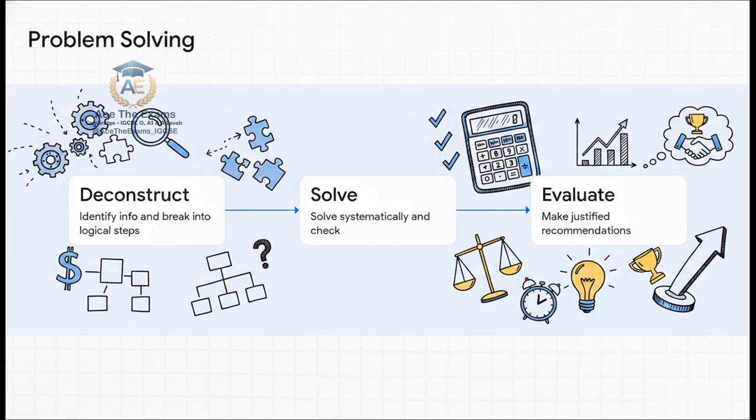Identify the given information and break the problem down into logical, bite-sized steps. Step 2, solve. Run the calculations systematically, and crucially, check your outputs for reasonableness. If your dividend per share is somehow mathematically higher than the total revenue, catch that fatal error before you compile. Step 3, evaluate. Take your perfectly solved data and make a justified, context-specific recommendation for the company.